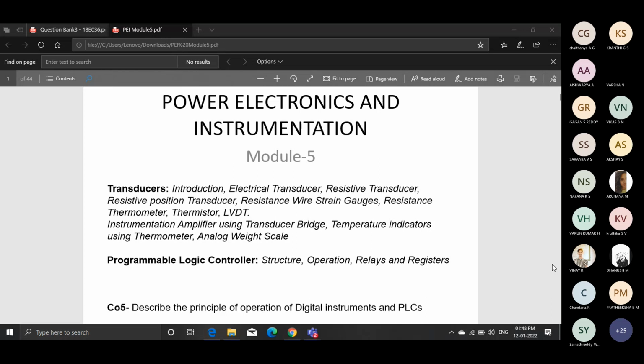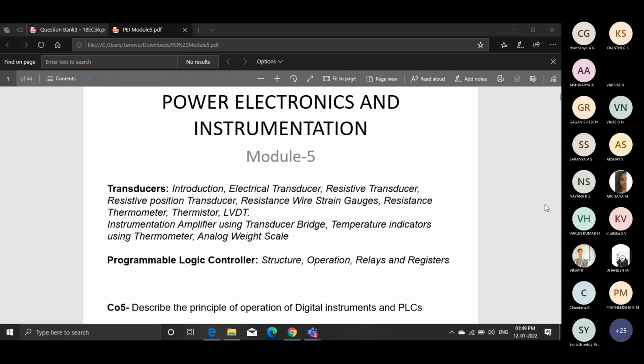And for the next topic, the instrumentation amplifier, we'll be discussing temperature indicators using thermometers, analog weight scales, everything. And for the last topic, the programmable logic controller, we will learn how the PLC structure comes into the picture, how the PLC will work, what the operations are, what you mean by relays, and what you mean by registers.